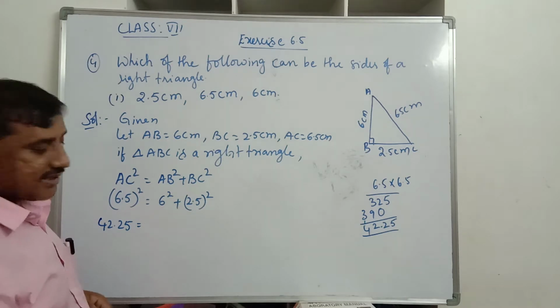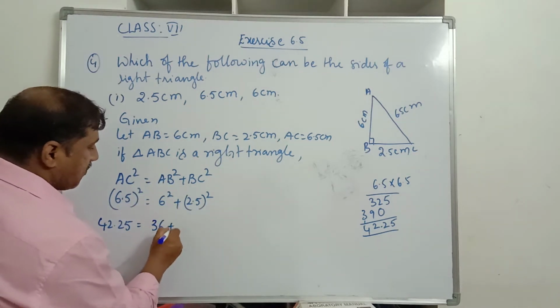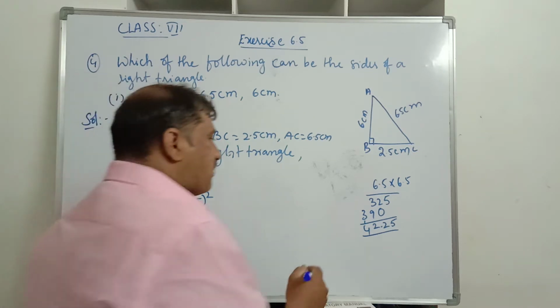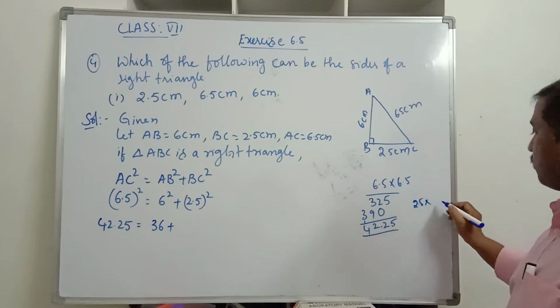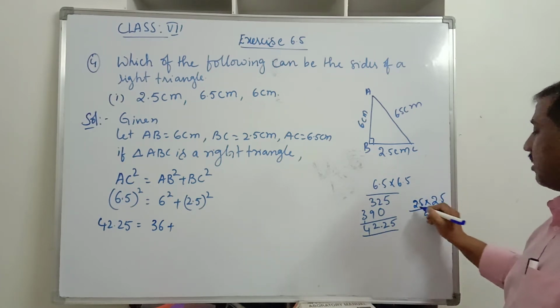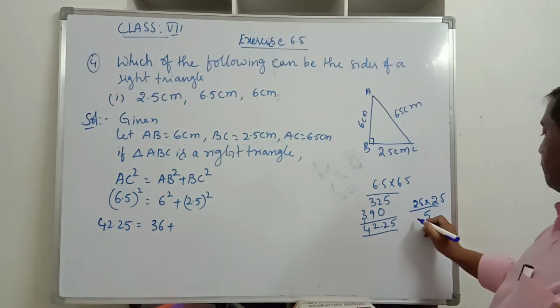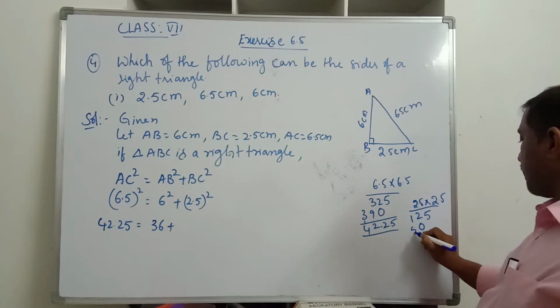Now on the RHS, 6 square means 6 into 6, it is 36, plus 2.5 square, which means 2.5 into 2.5. 5 5s are 25, 2 is carried; 5 2s are 10 plus 2, it is 12; 2 5s are 10, 2 2s are 4 plus 1, it is 5.